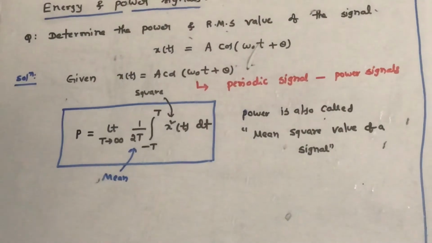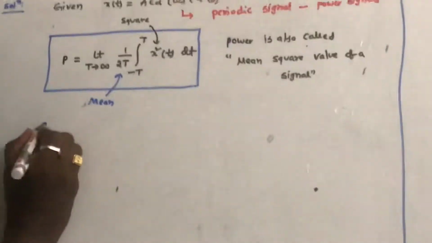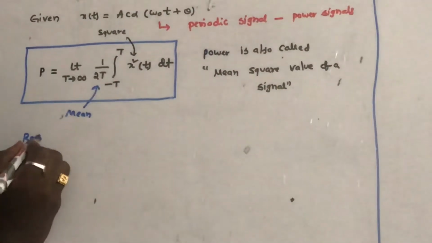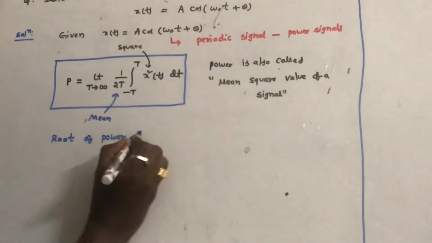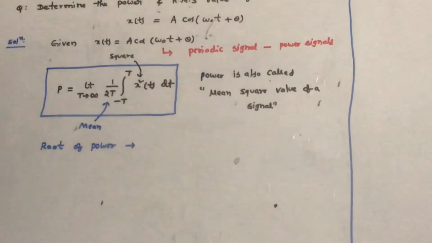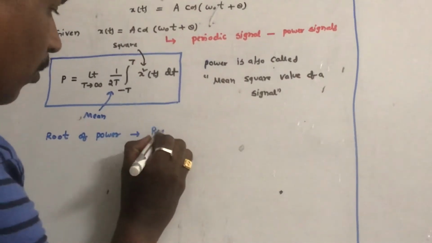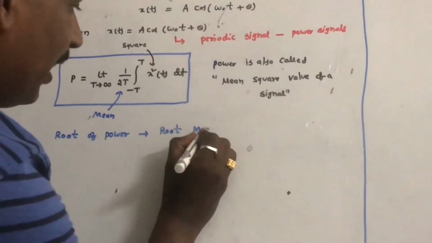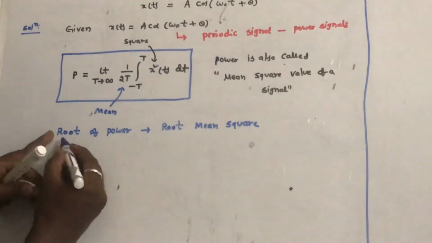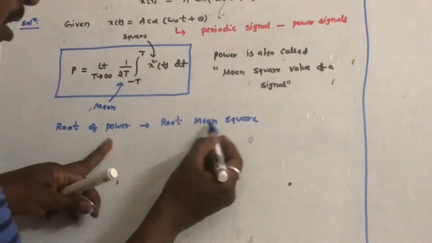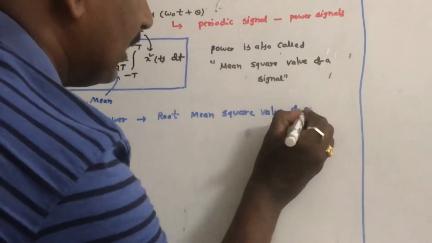If you take the square root of power, it is called root mean square. So the root of power, and power is nothing but the mean square value of a signal.